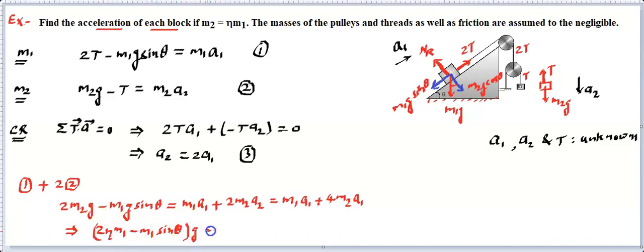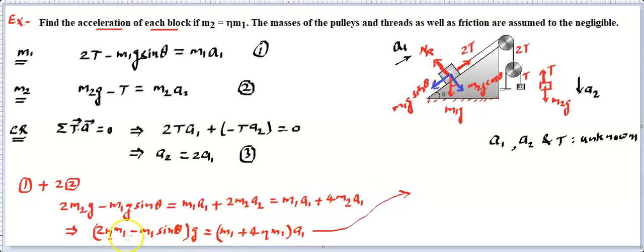Makes sense? Is equal to, here also you can replace m2 by eta m1. So it's going to be m1 plus 4 times eta m1 into a1, right?